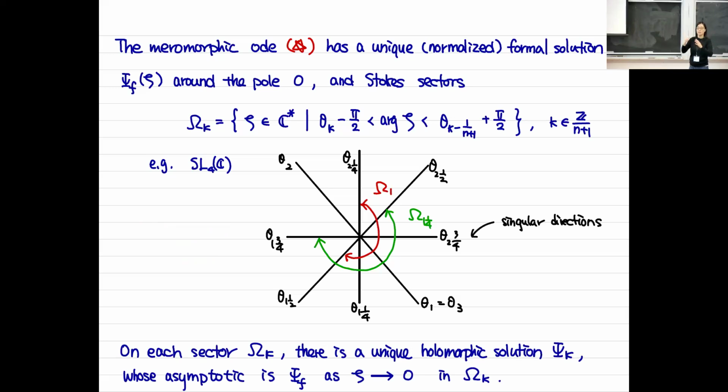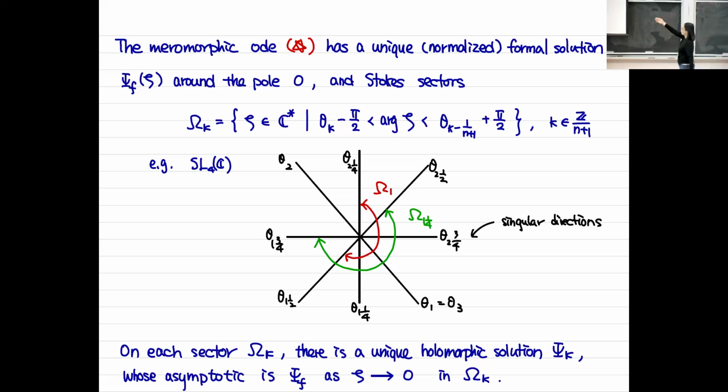So at the right size, you will have a unique solution, which is holomorphic. And corresponding to the formal solution, the relation is that the asymptotic of this holomorphic solution is the formal solution, as you approach this to 0.